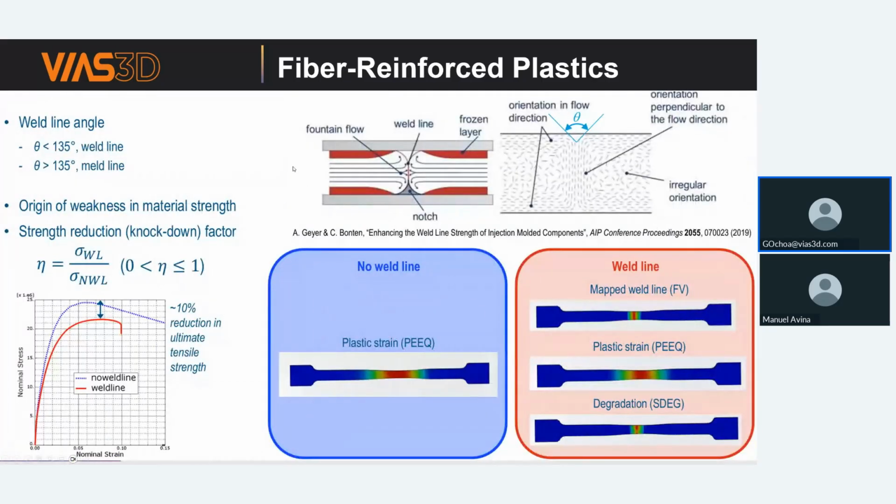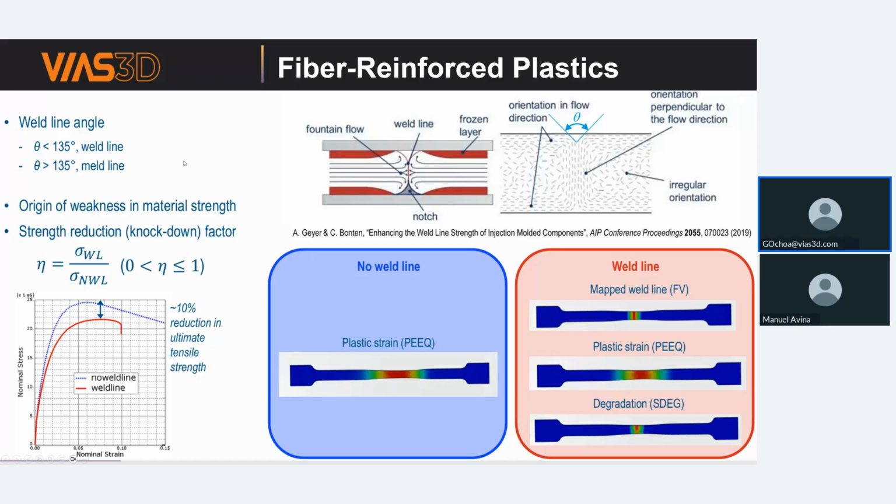Now, regarding wet lines, wet lines are formed when two different flow fronts meet. The default parameter from the injection molding solver is when the solver measures the inclination angle between the two flow fronts. If the angle is less than 135 degrees, the solver will consider this as a wet line.